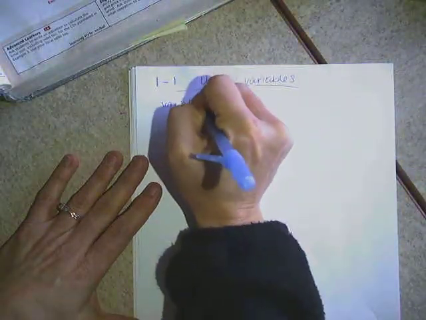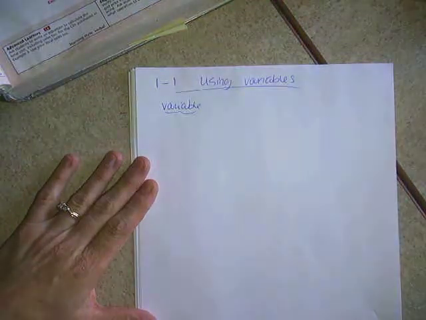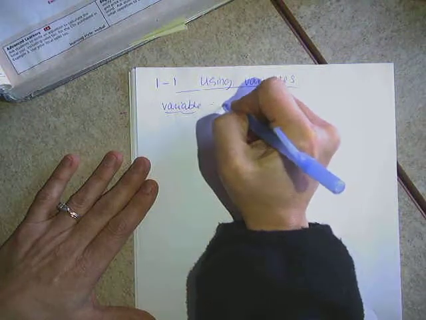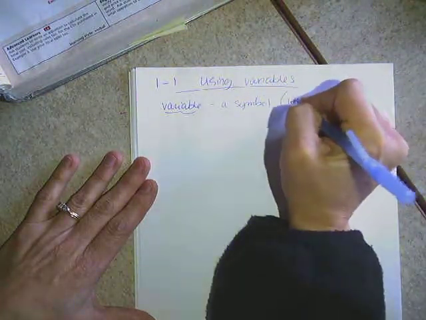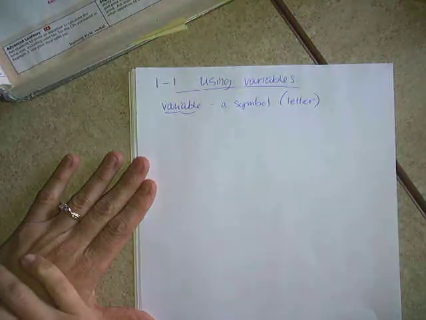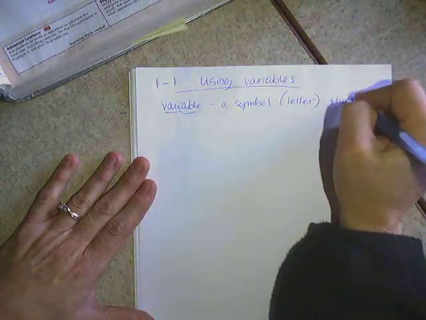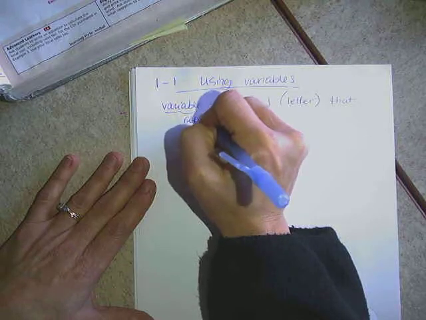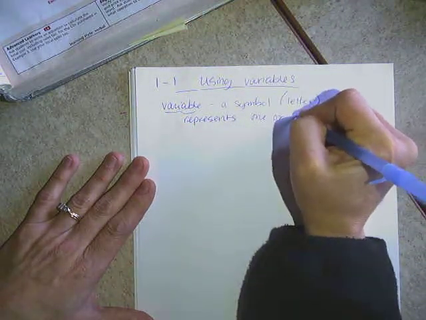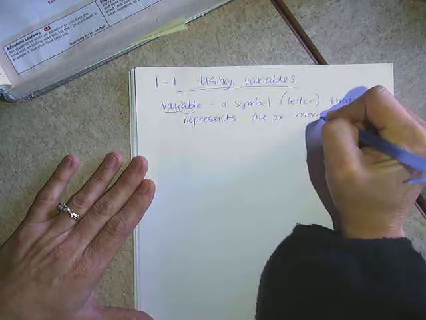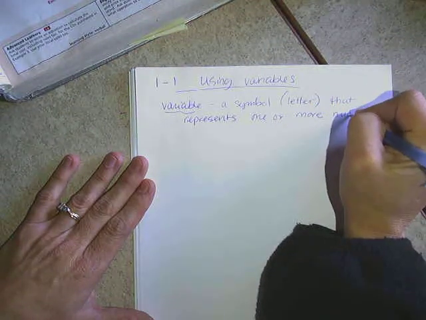And I know you guys have been through this before, but a variable is a symbol, usually a letter, that represents one or more numbers.